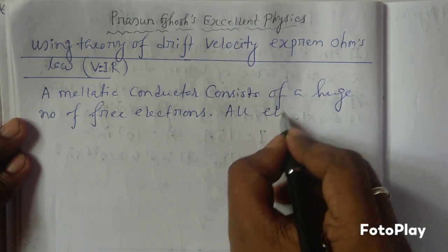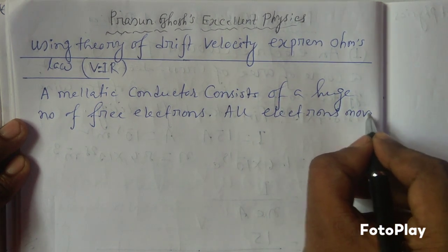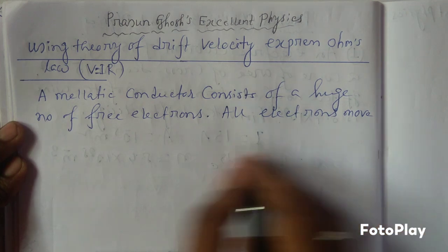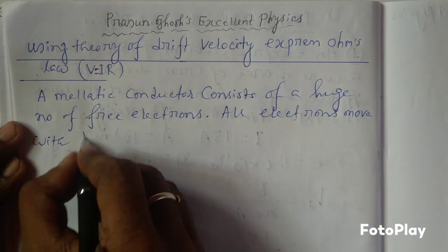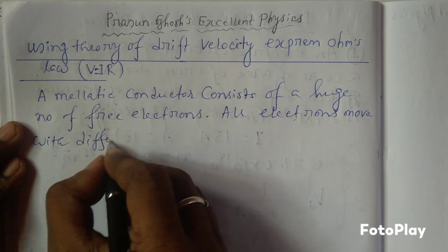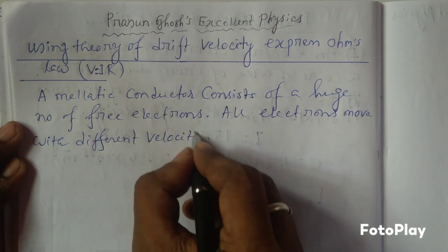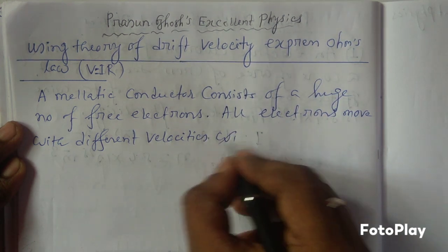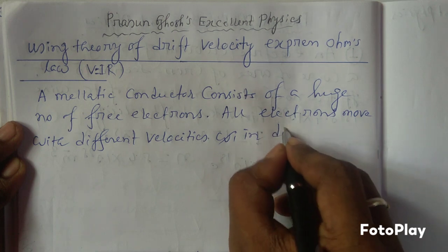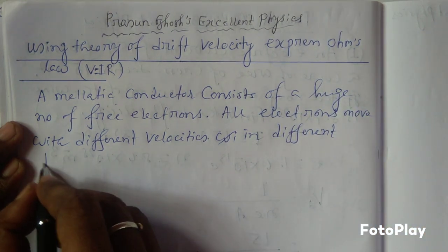All electrons move with different velocities in different directions.